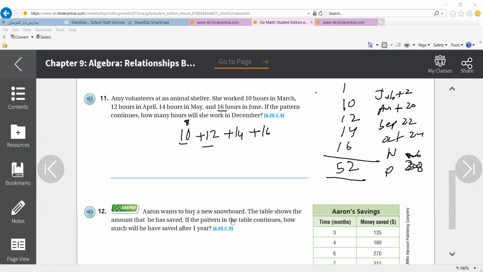Do you understand the question, girls? Every month she increases her hours by 2. So in December it will be 28 hours.